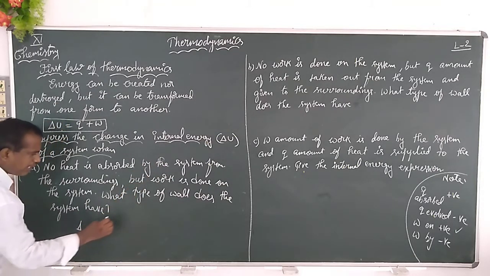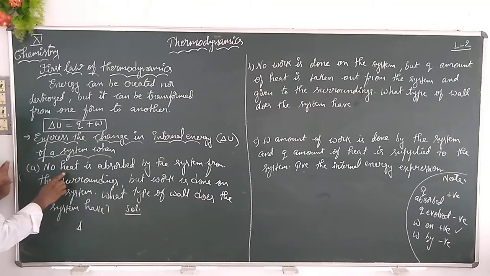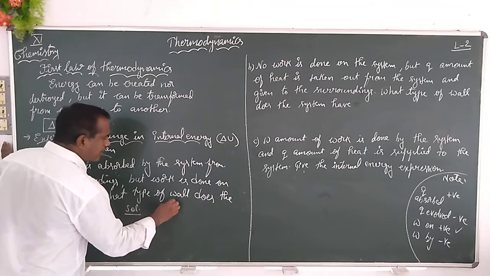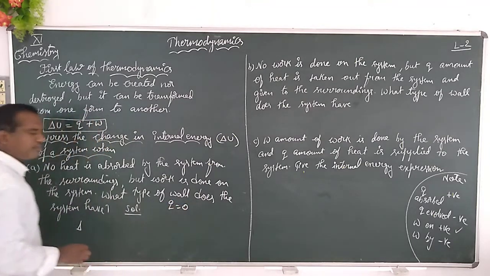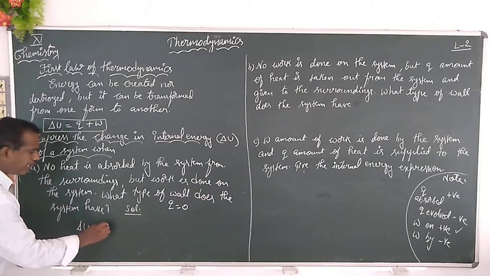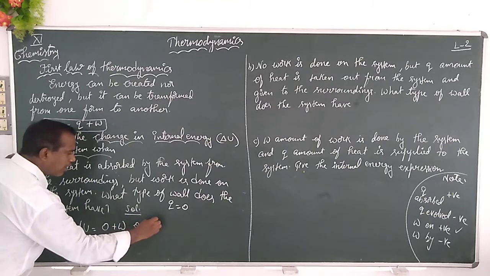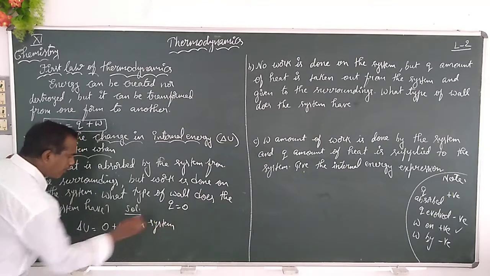Now see here the key concepts you must not forget. There is no heat absorbed, means Q becomes 0. What is the symbol for heat? Q. So for the change in internal energy, Q becomes 0, but work is done on the system. So how can we give it?